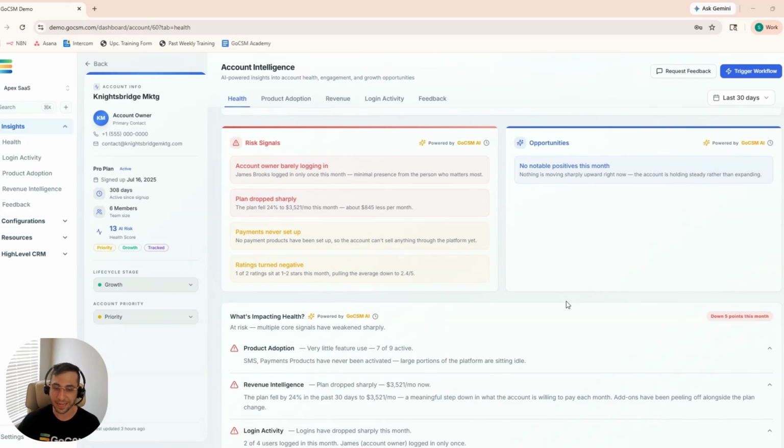You are looking for patterns, you're looking for repetition. So, for example, the same issues showing up across multiple accounts, or maybe at risk accounts are clustered on the same plan tier, or a group of accounts that onboarded around the same time, right after you changed something about your process, all started declining altogether.